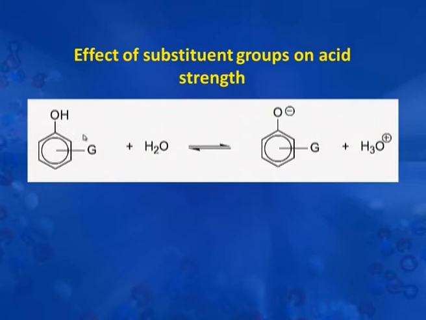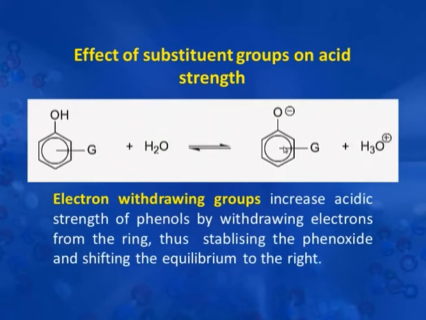Phenol shows acidic strength because it forms a stable phenoxide ion. Now, if any substitution stabilizes the phenoxide ion, that particular substitution will increase the acidic character of phenol. If we use here an electron withdrawing group, then that group will withdraw the electron density present over here and stabilize the phenoxide ion, and thereby increase the acidic strength of phenol.